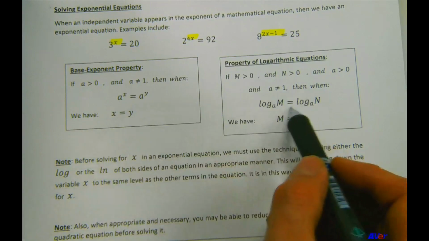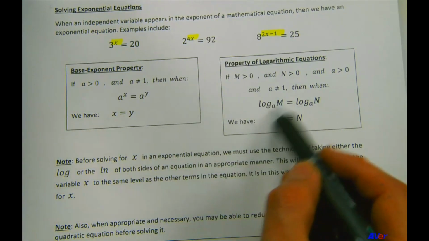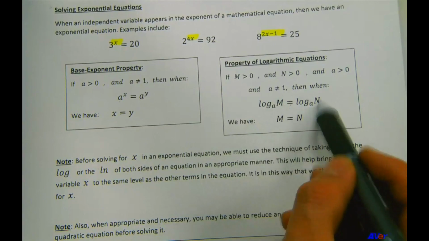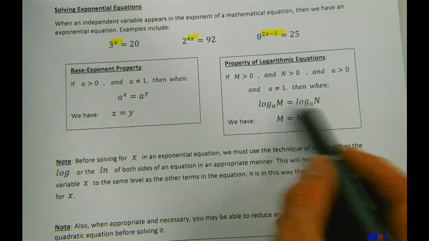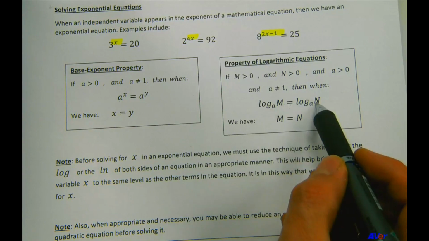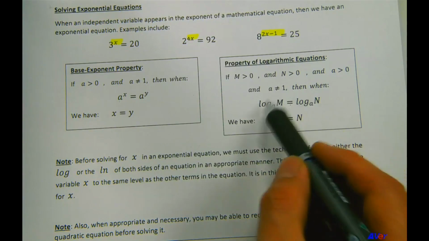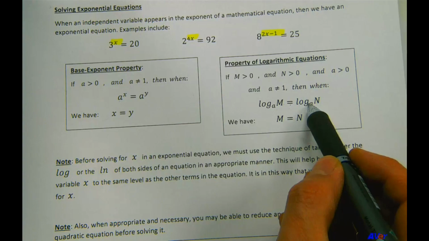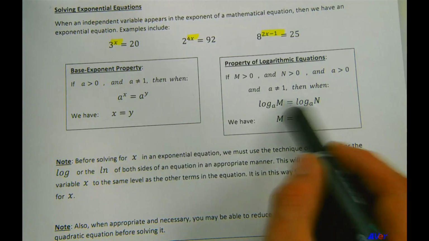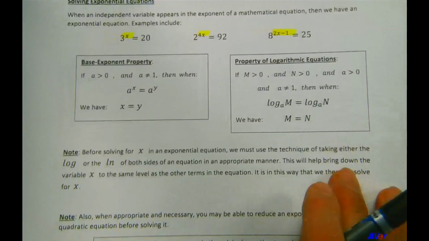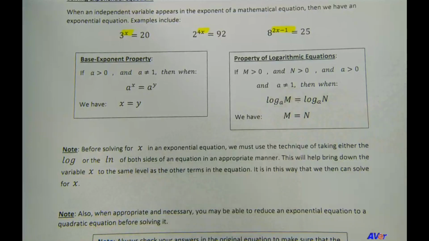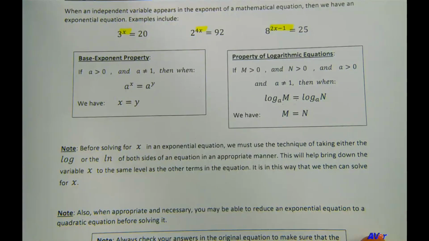But this is saying that if you have the log of some expression equal to the log of some expression on the other side of the equation, then m and n must be equal to each other. Because if their logs are to be equal to each other, then the inside, the m and n, must be equal to each other. Okay? We will make use of this property or this relationship in this section also.